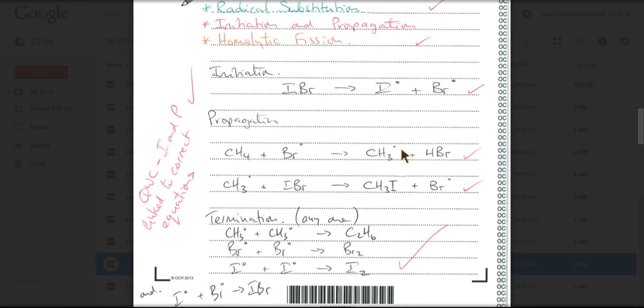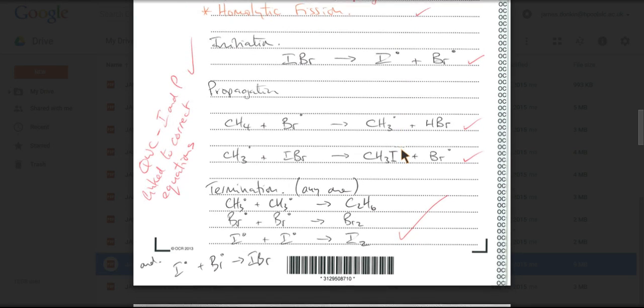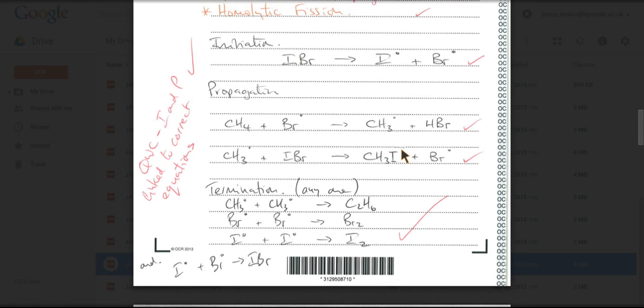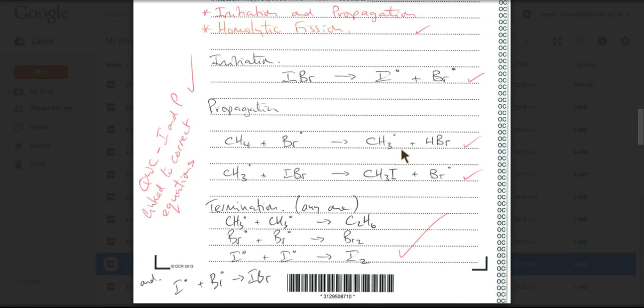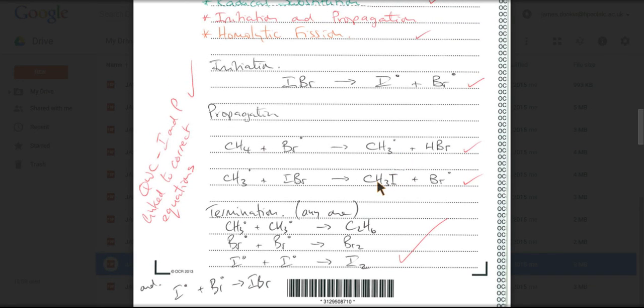The second step is the propagation steps, and remember these occur as a pair of steps. So just remember we need to form CH3I. That's important. So we're going to use the bromine radical to take a hydrogen off the CH4 in the first propagation step.